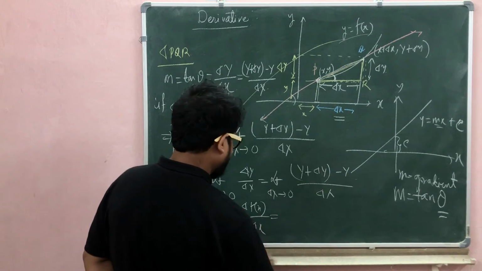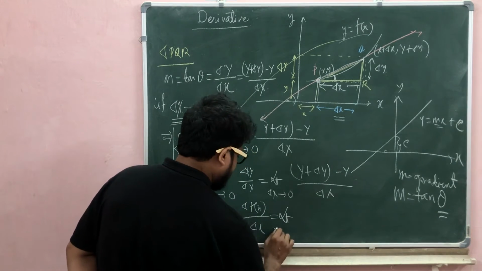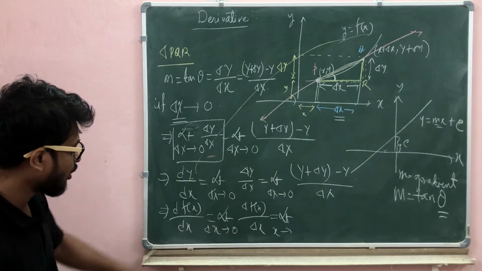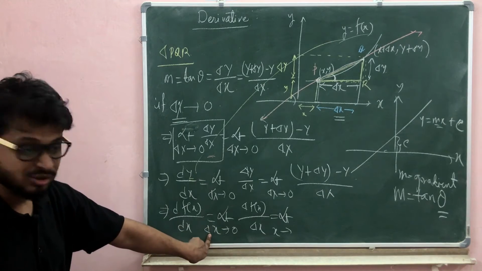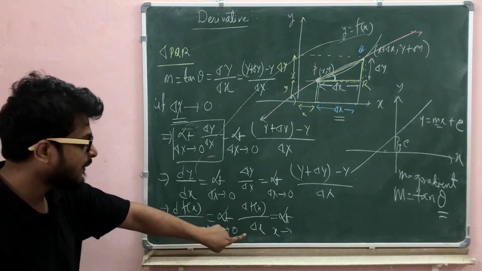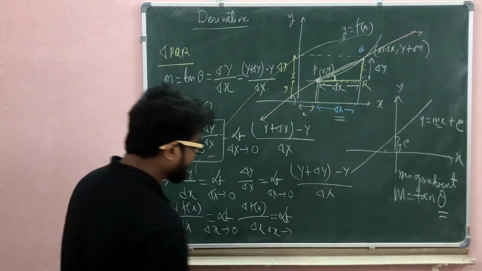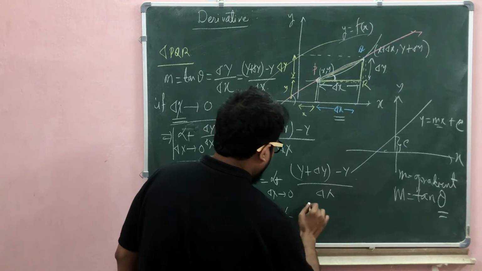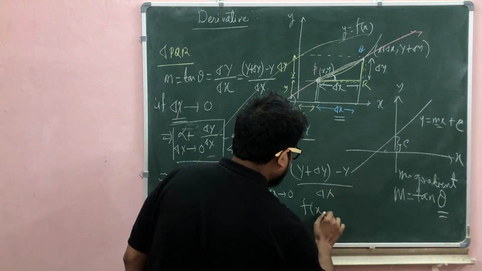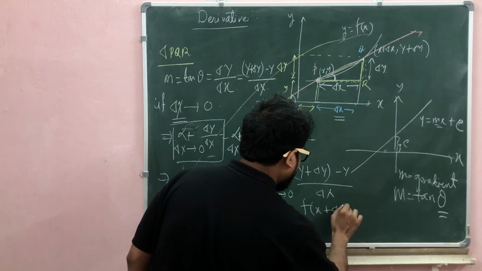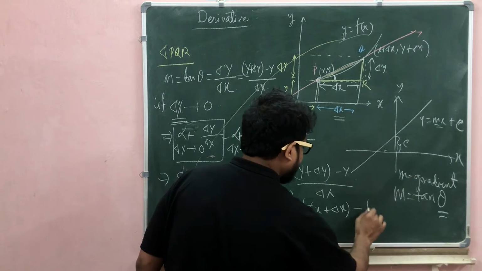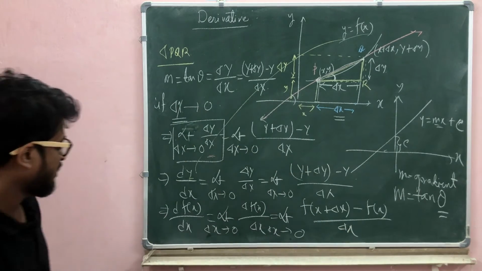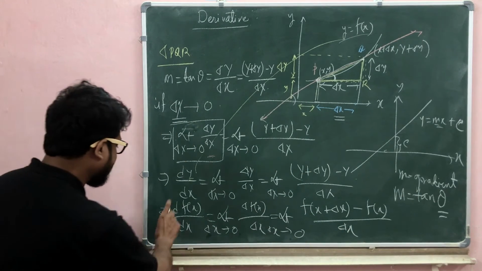So that is equal to the limit as delta x tends to 0, not x tends to 0, of (f(x + delta x) - f(x)) by delta x, where y is replaced by f(x). Okay, this is the basic derivative formula.